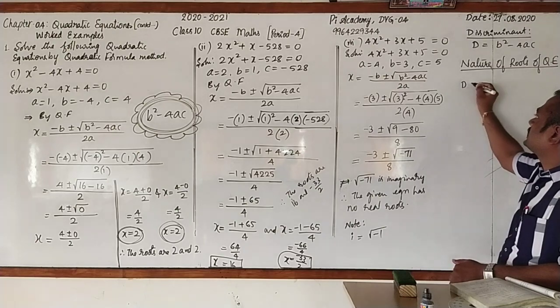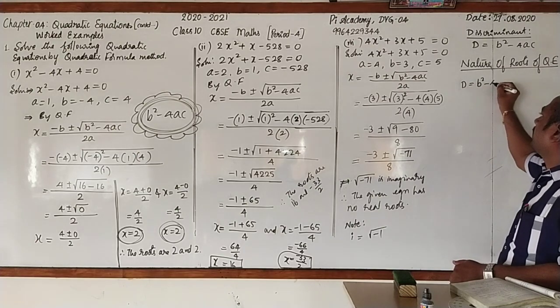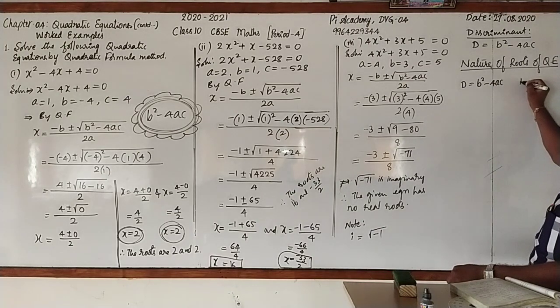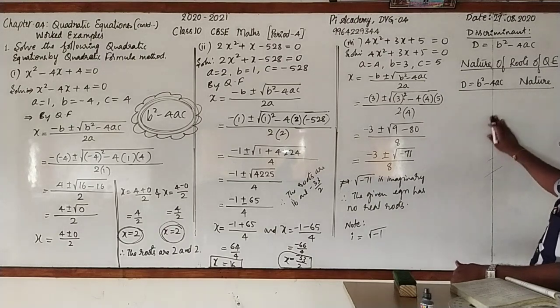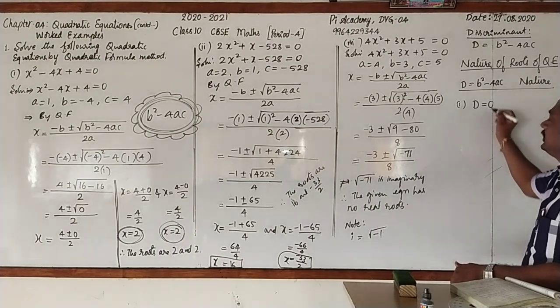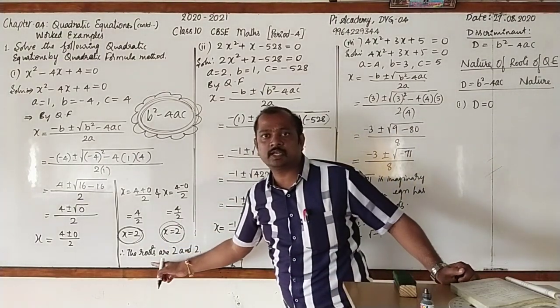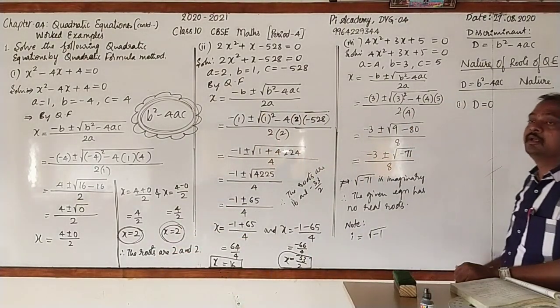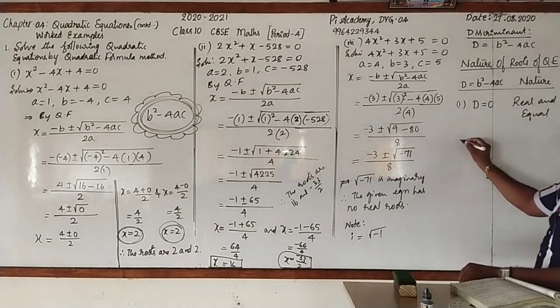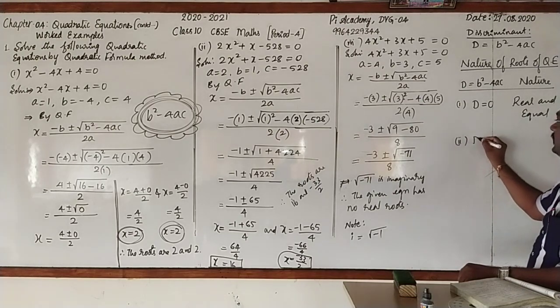Here I'll write D is equal to b square minus 4ac. Then here we should write nature. Observe. D, first one, it may be equal to 0. If it is 0, what will be the nature? The nature will be real and equal.